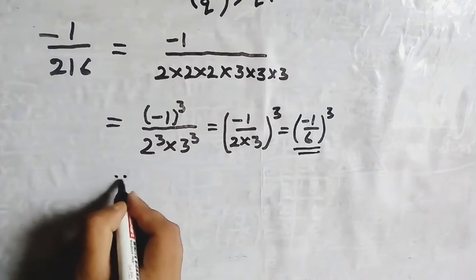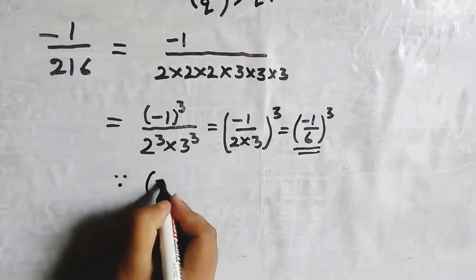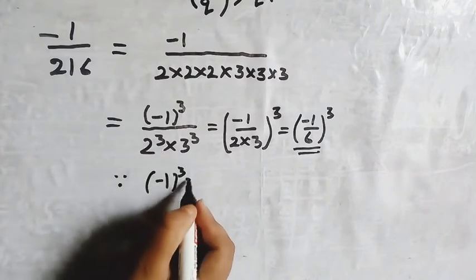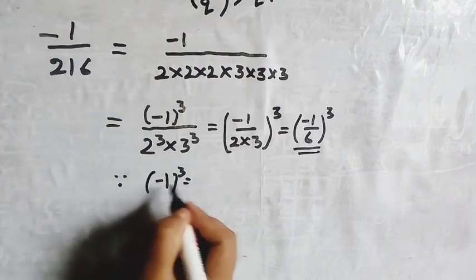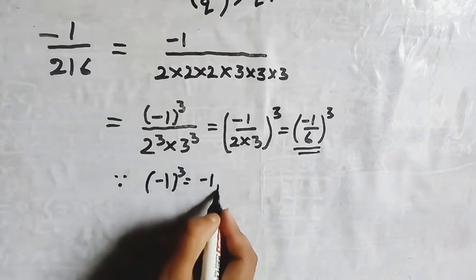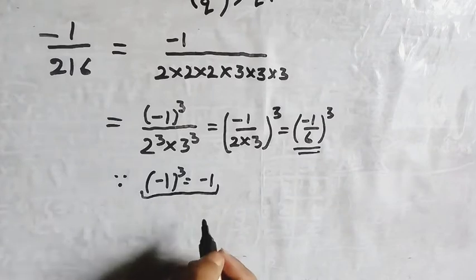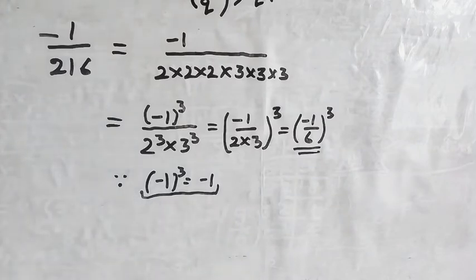Remember, minus 1 raised to power 3 is minus 1. Because power is odd, so the negative will remain negative. That is the reason we write minus 1 as minus 1 raised to power 3.